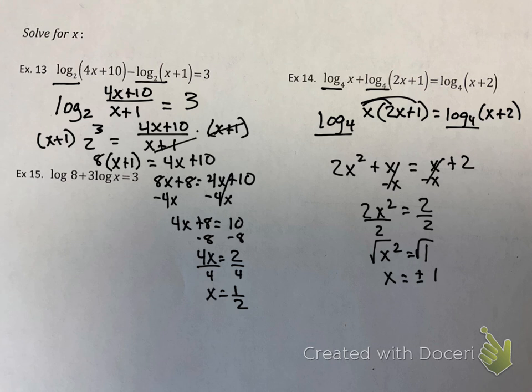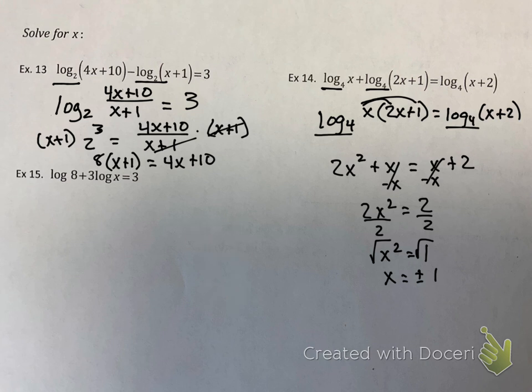Let's go to example 15. I might have to have a little extra room, so I'm going to go ahead and erase this just to give me room here. All right, so on this one, you notice that we have the same logs, but I have this 3 out front. So let's use what we know, the power rule, to get this 3.